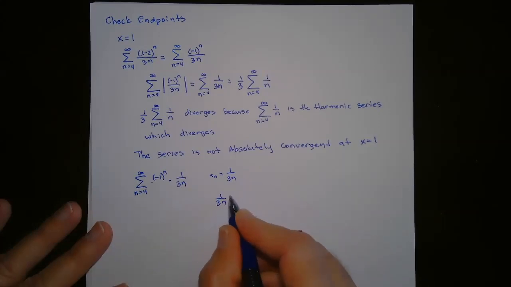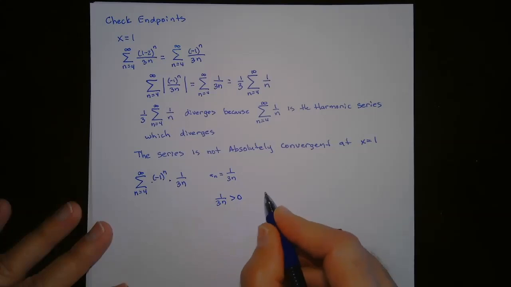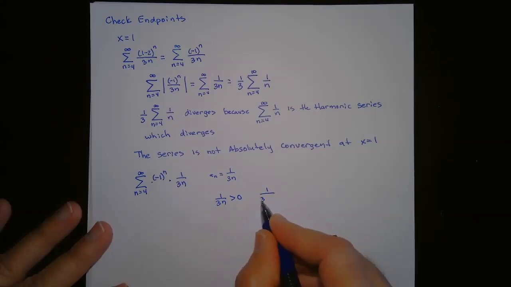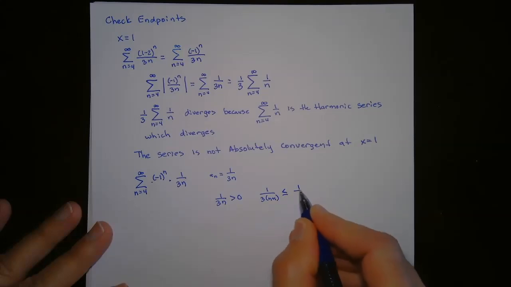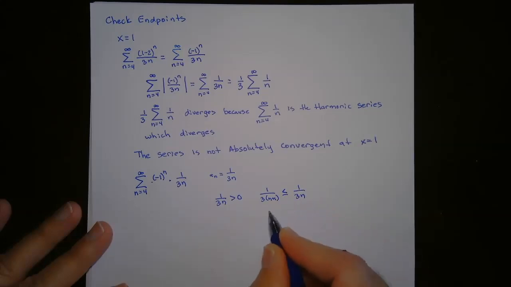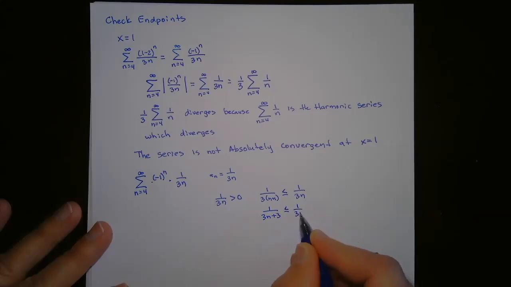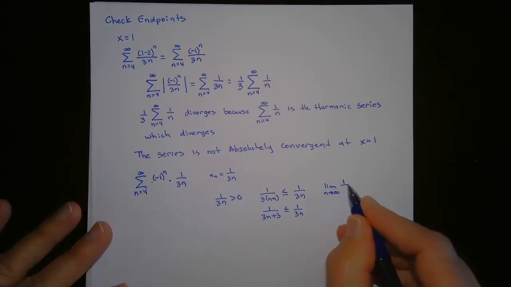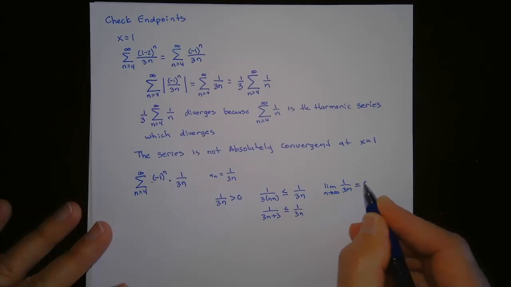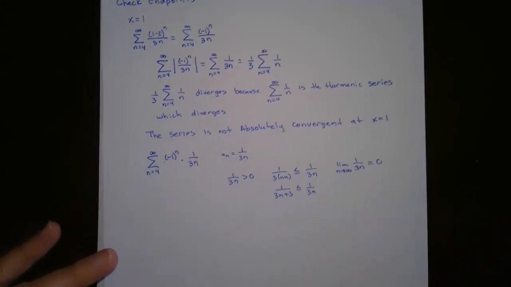1 over 3n is always going to be greater than 0. And 1 over 3 times n plus 1 is going to be less than or equal to 1 over 3n. That's going to be true because 1 over 3n plus 3 is less than or equal to 1 over 3n because this denominator is bigger than this denominator, okay? And then the limit as n approaches infinity of 1 over 3n, yes, that's equal to 0. Okay, so what do we know?